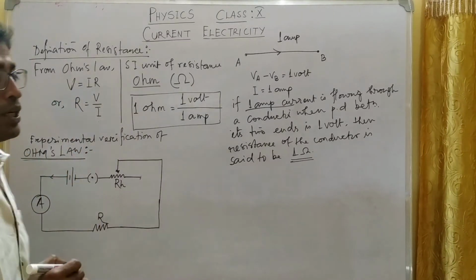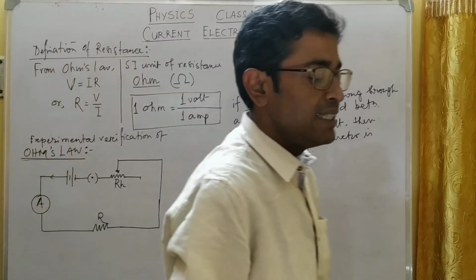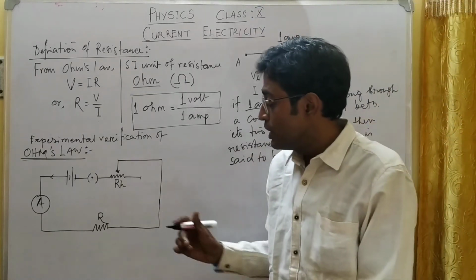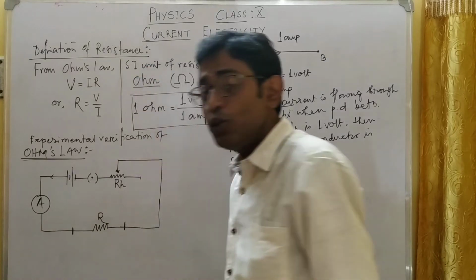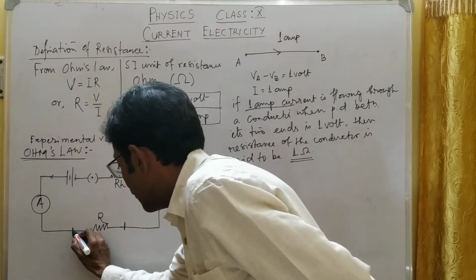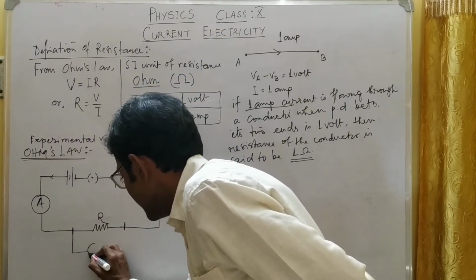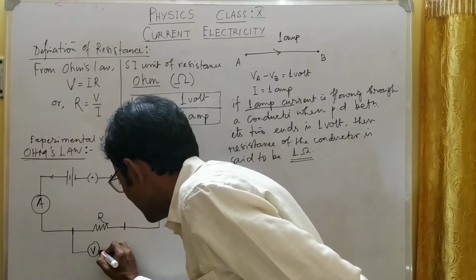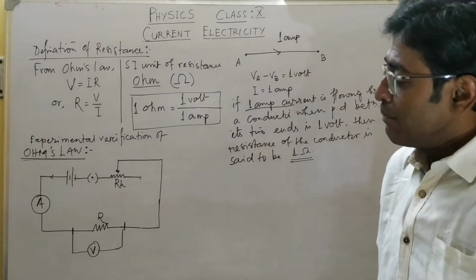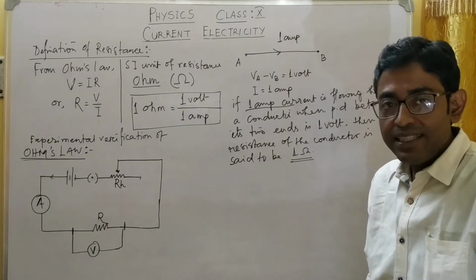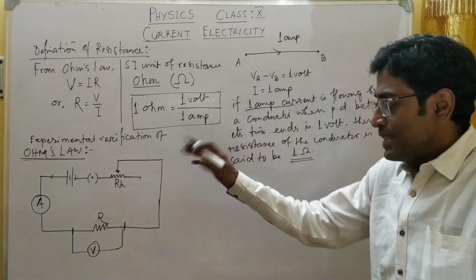Now, in order to find the potential difference between these two ends of the resistance, what do we put? We put a voltmeter across it. You might have learned that voltmeter should be connected in parallel and ammeter should be connected in series. Okay, so that is the setup.